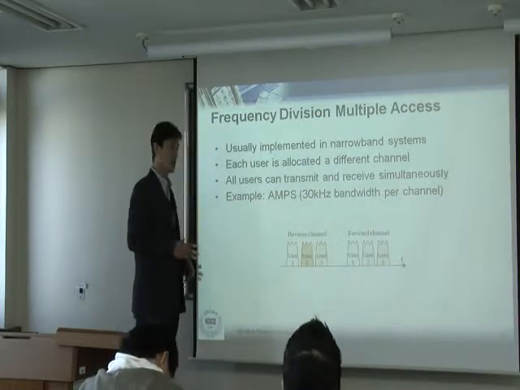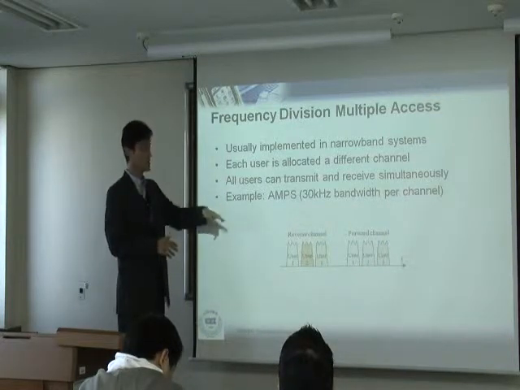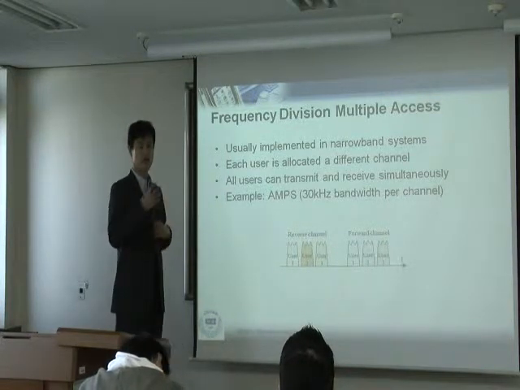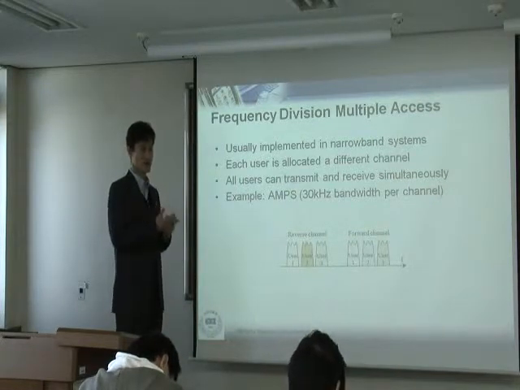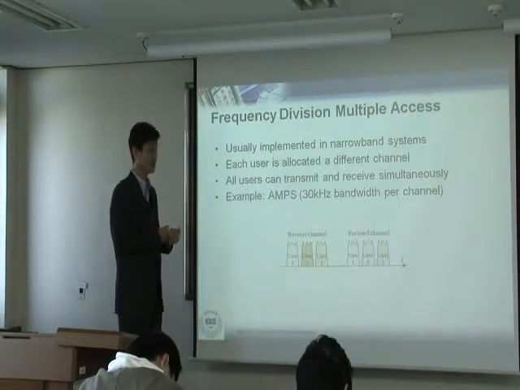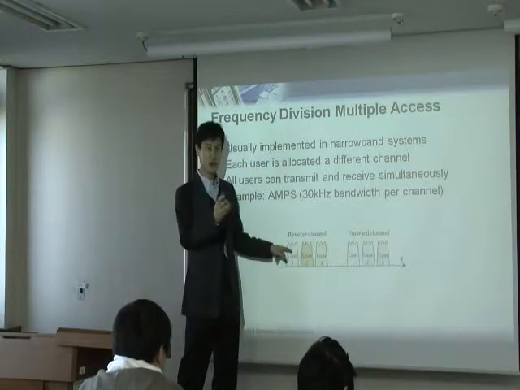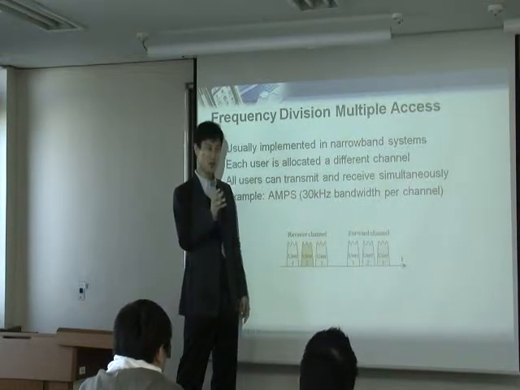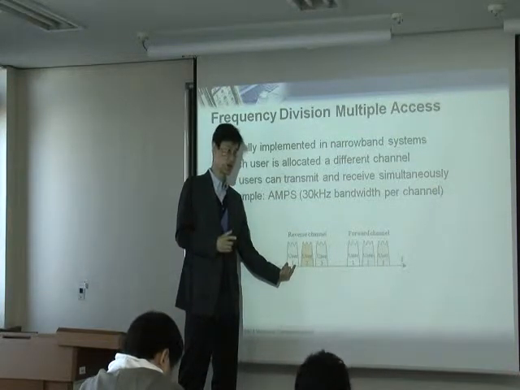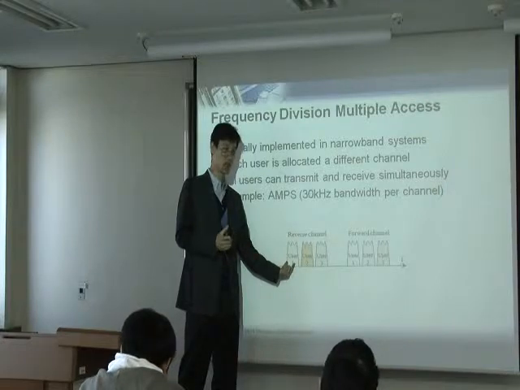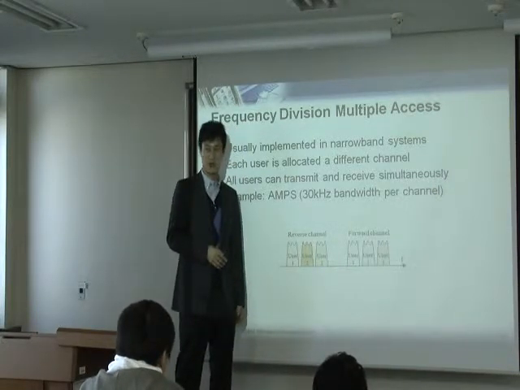Because at that time, 20 years ago, all communication like this was based on voice communication. Everyone was using voice communication. So in order to deliver your voice, the bandwidth of your voice signal is like 4 kilohertz, maximum 8 kilohertz.